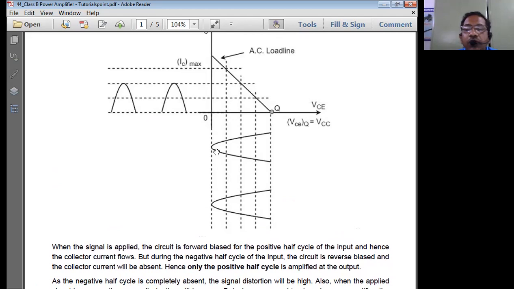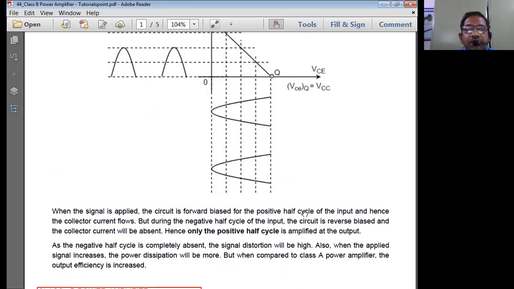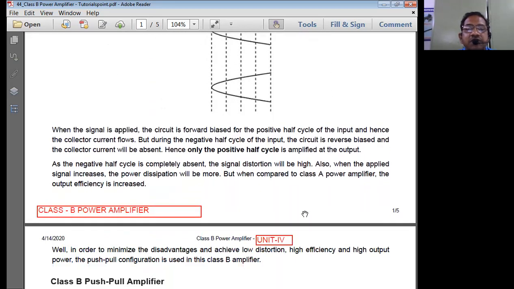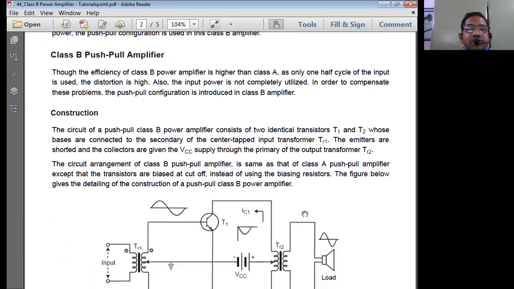Now here also we're going to use a CE amplifier. See, the maximum current is going to provide us the minimum voltage, and the minimum current is providing us the maximum voltage. That means the same CE amplifier is normally preferred in the case of the class B type of power amplifier as well.